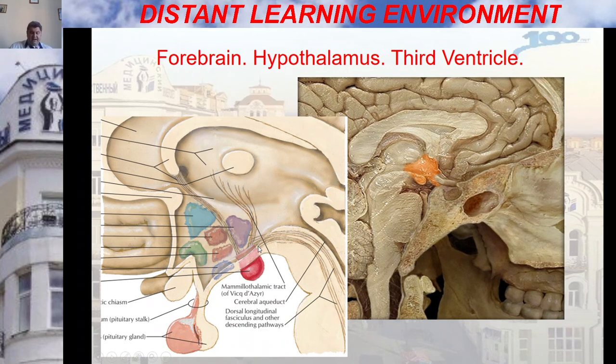The subthalamic region is a small area of brain matter under the thalamus, from which it's separated by the hypothalamic sulcus here. This sulcus can be seen on a median section of the brain, this one.